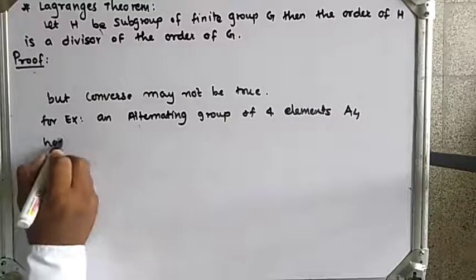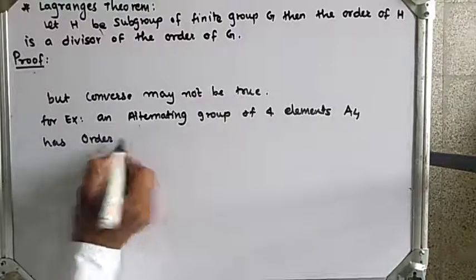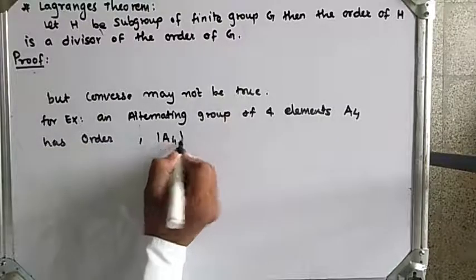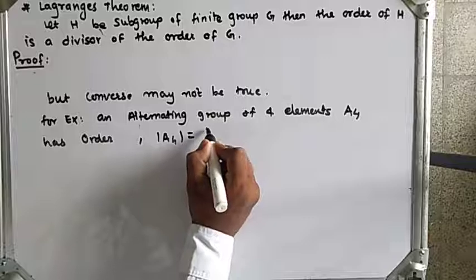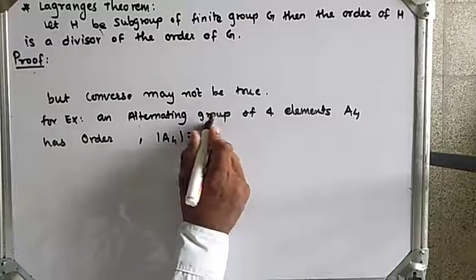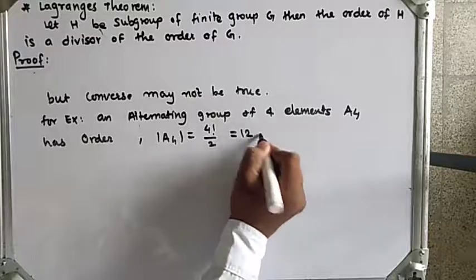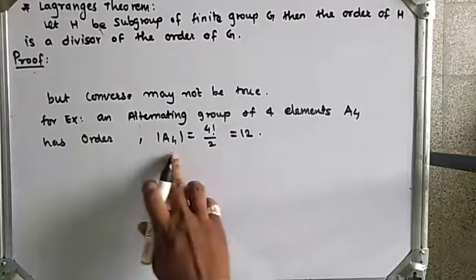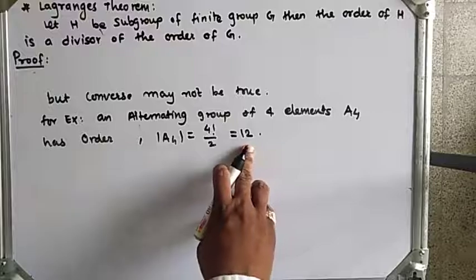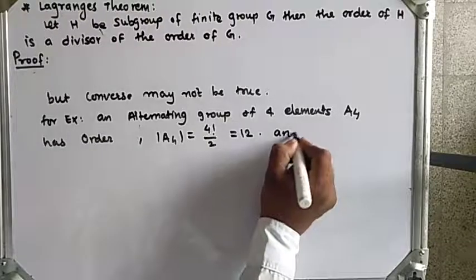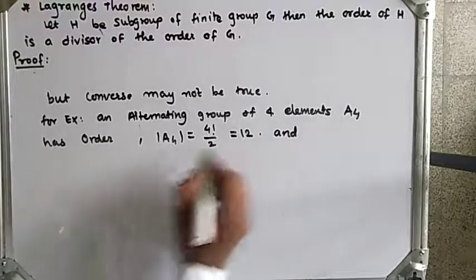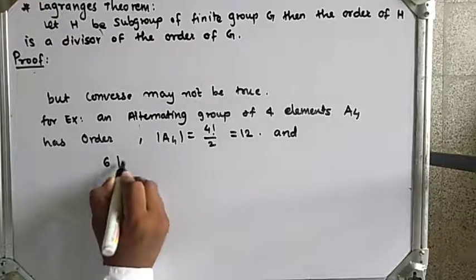A4 has order... We know that the order of An will be n factorial upon 2. Here we will get 4 factorial upon 2, which is equal to 12. So here A4 has order 12, and here I say 6 divides 12.